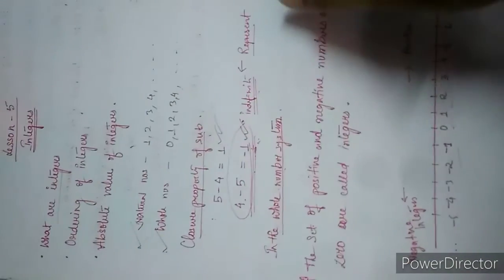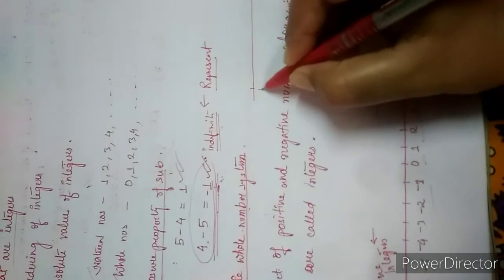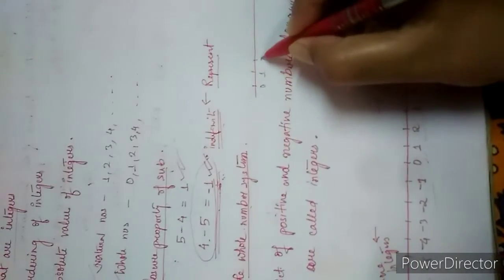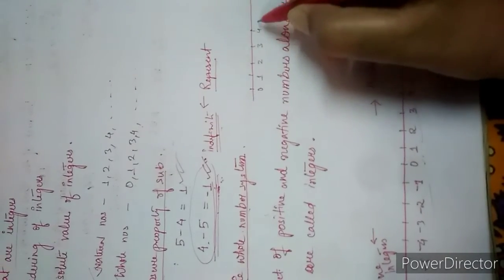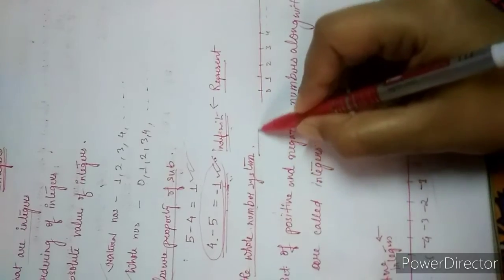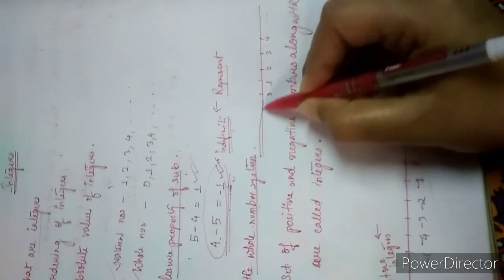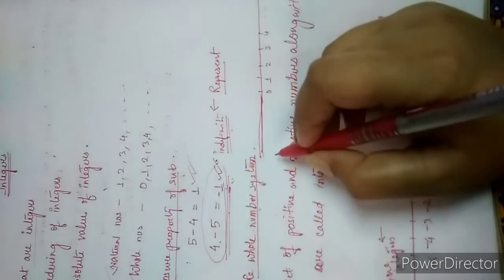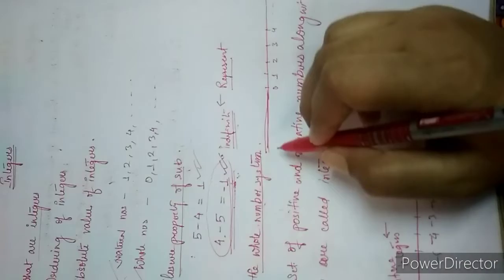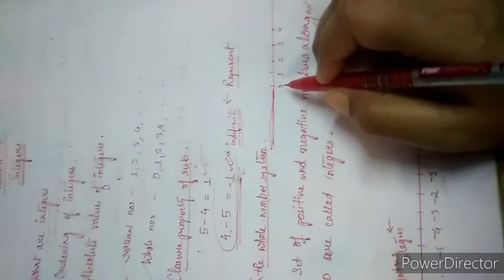In our whole number system, how was the number line? The number line was like this: 0, 1, 2, 3, 4 and so on. But we have thought of expanding the number line on this side itself. Sorry, my line is not straight. Here we have tried to set some numbers, and all these together are called integers.